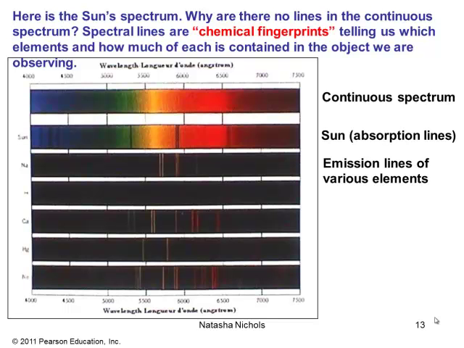Now here is the sun's spectrum. Why are there no lines in the continuous spectrum? Well, spectral lines are chemical fingerprints telling us which elements and how much of each is contained in the object we're observing. So in a continuous spectrum, we will see all the wavelengths.